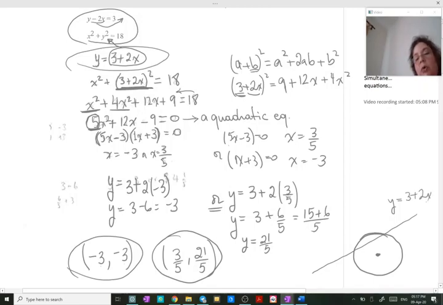So in other words, the first equation represents the line, the second equation represents the circle of center O, or origin 0, 0, and the radius is square root 18. And the solutions that we just found represent the points of intersection between the line and the circle.